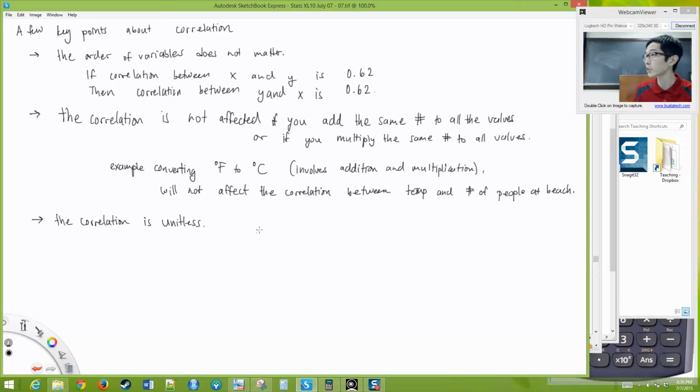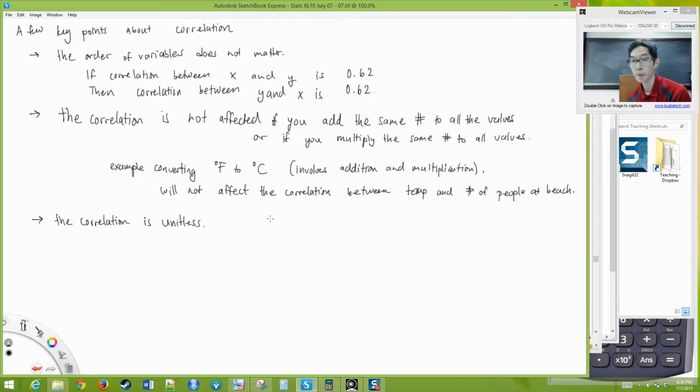It just talks about a relationship between the values. It doesn't matter if you're measuring in feet or centimeters, dollars or pennies or euro or yen or whatever it might be. The relationship is unitless.